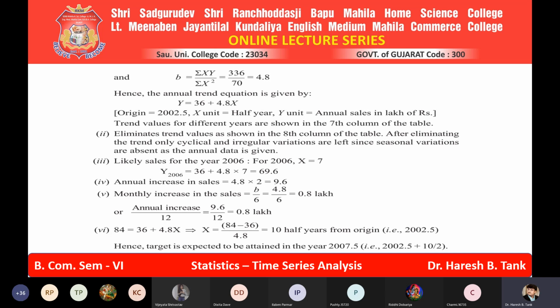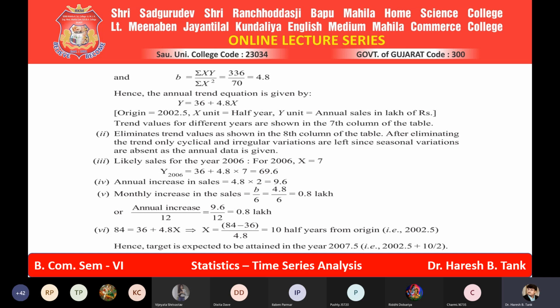The second question was eliminating the trend, getting Y minus YC. After eliminating the trend, only cyclic and irregular variations are left. That is what you can say, since the seasonal variations are absent as annual data is given. So this is what you can use as a caption, or you can say a claim.